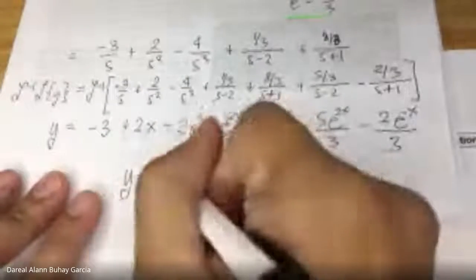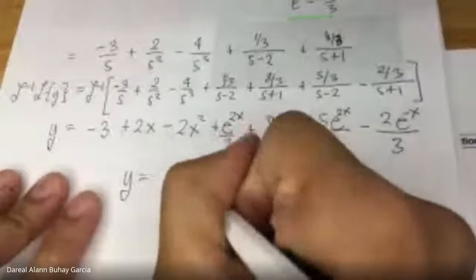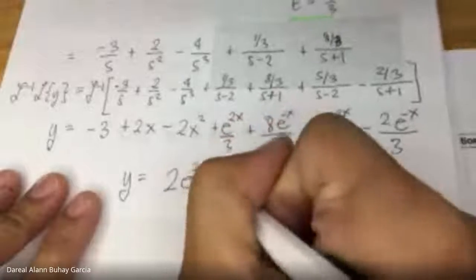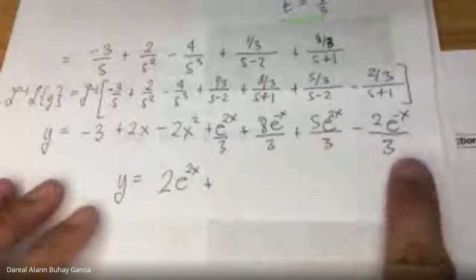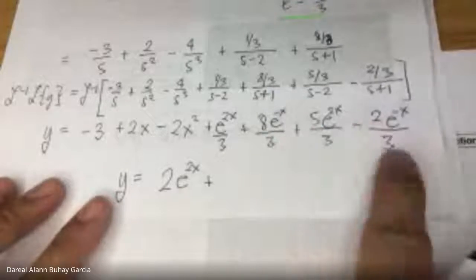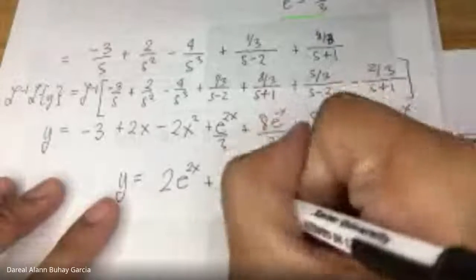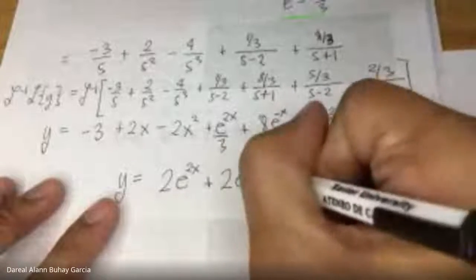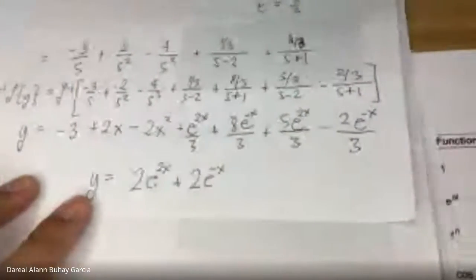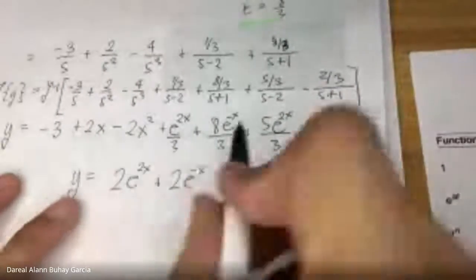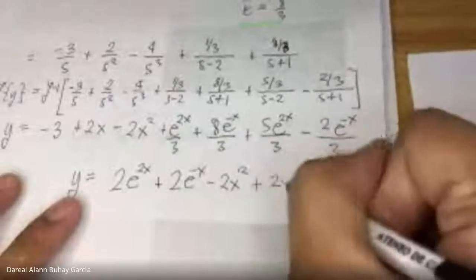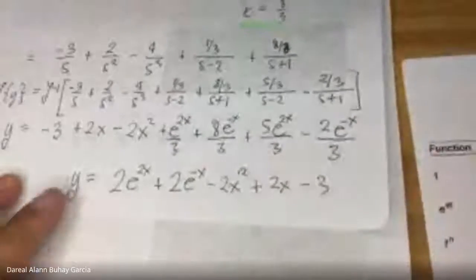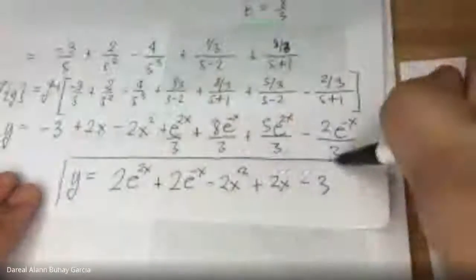So 2e to the power of 2x plus, how about 8/3 and minus 2/3? 8 minus 2 is 6, 6/3 is 2. 2e to the power of negative x. Then minus 2x squared plus 2x minus 3. Final answer.